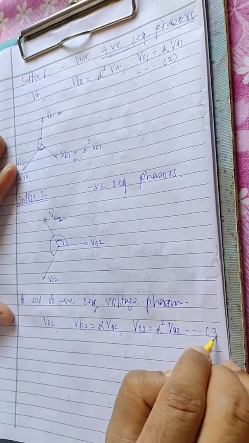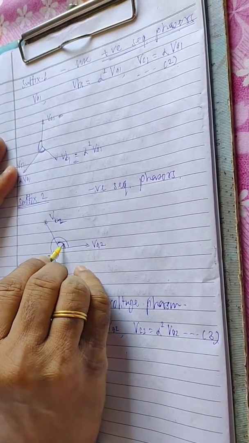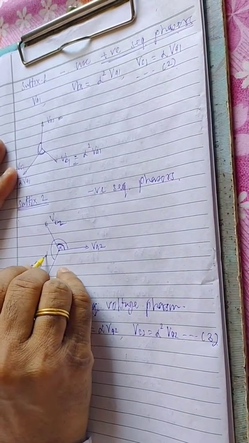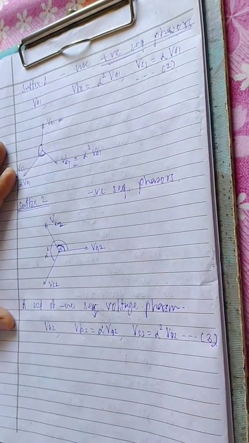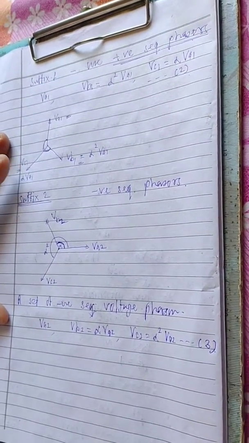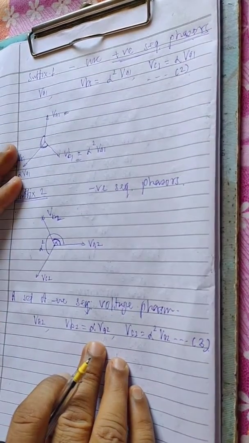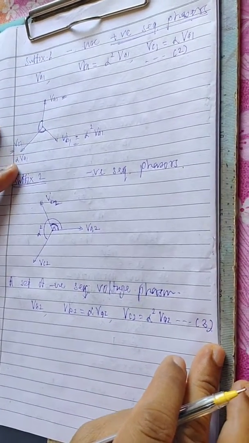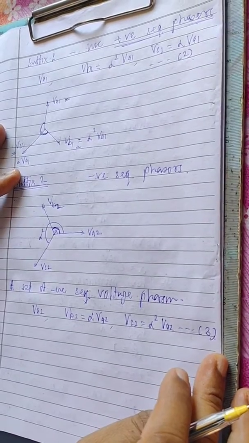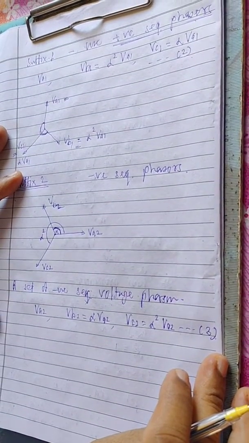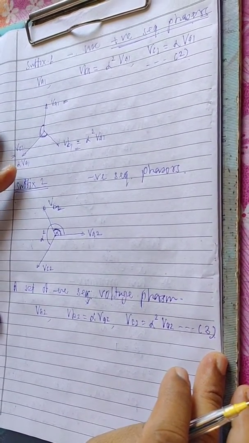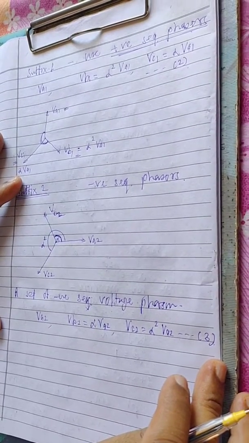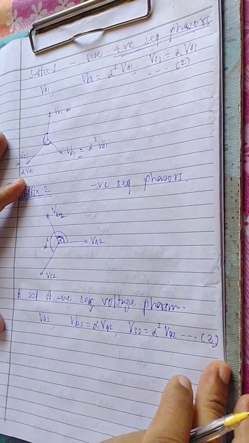This is equation 3. Alpha square is 240 degrees, alpha is 120 degrees.